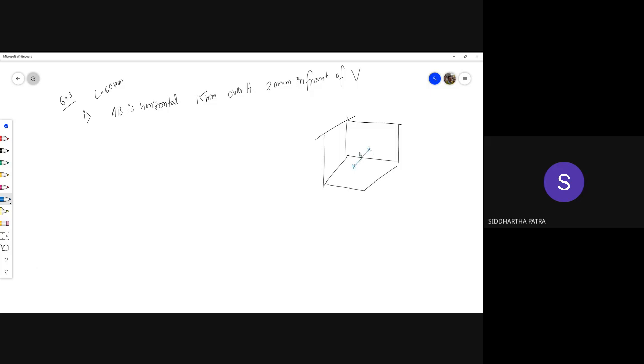Something like this, and it is 20 millimeters in front of V.